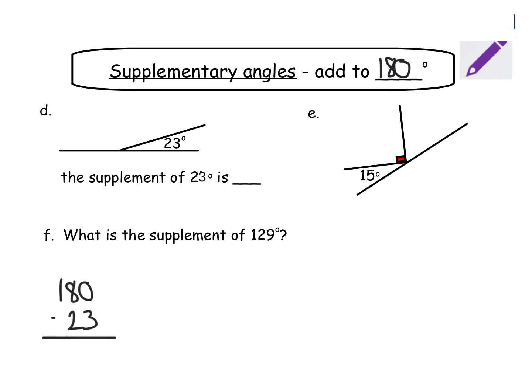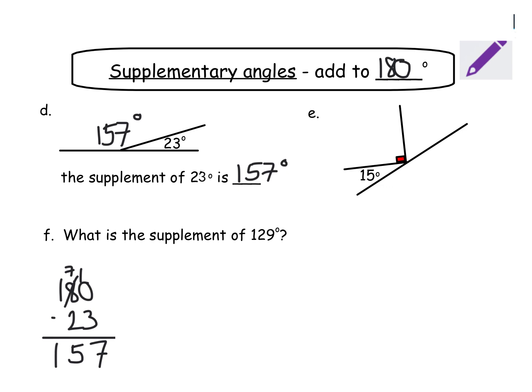I'm going to do it with a sum this time. So we'll make that a 7, and that becomes 10 take away 3 is 7. 7 take away 2 is 5, and then 1 take away nothing is 157. So my missing angle here is 157 degrees. So we can say that the supplement of 23 is 157 degrees.